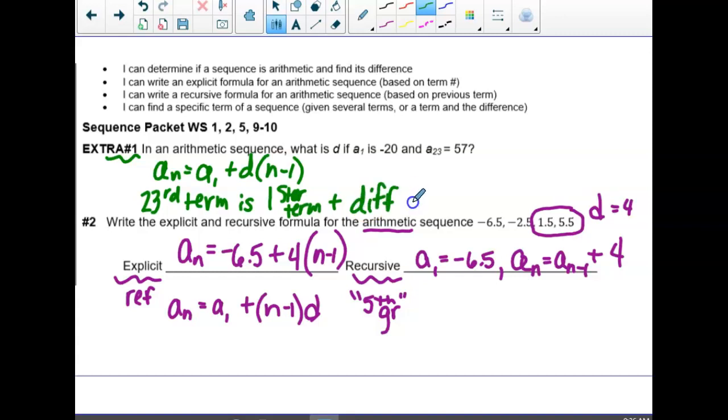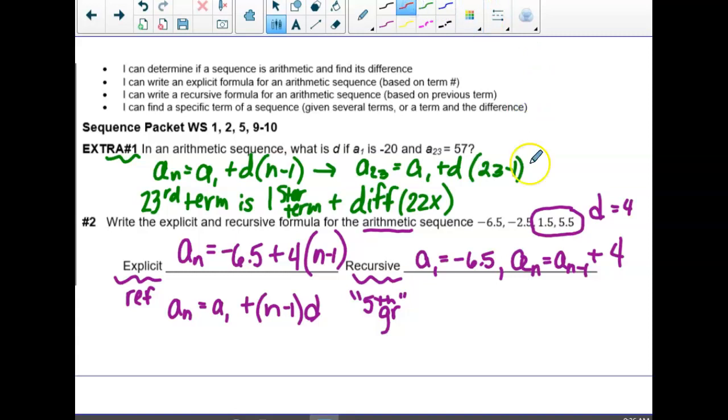To get to the 23rd term, how many times did we add a difference? 23 minus 1, or 22 times. So if we wrote that here, it would be a sub 23 equals a sub 1 plus the difference times 23 minus 1.